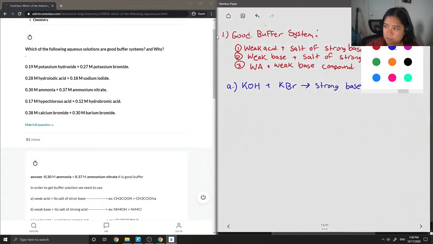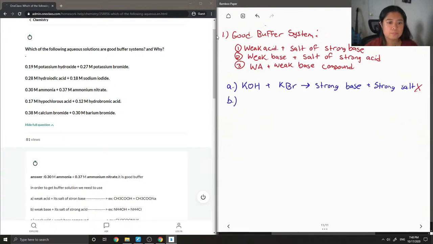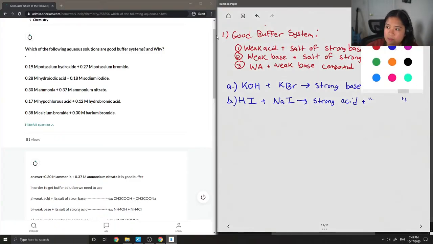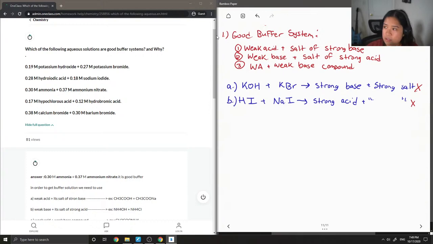Both potassium and bromide are considered strong, so this would not be a good buffer system. Let's look at hydroiodic acid plus sodium iodide. The hydroiodic acid is a strong acid, but again the sodium iodide would also give off strong salts. So we can't use that as a buffer either.